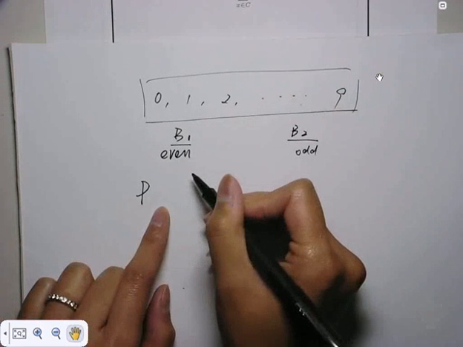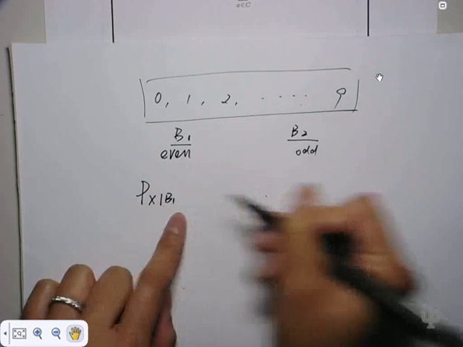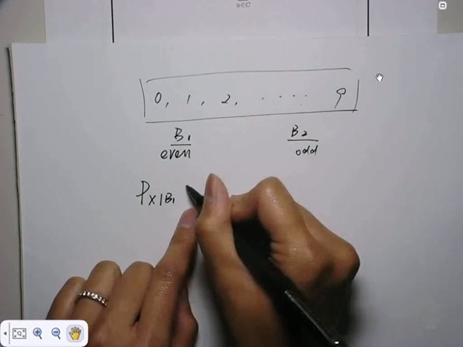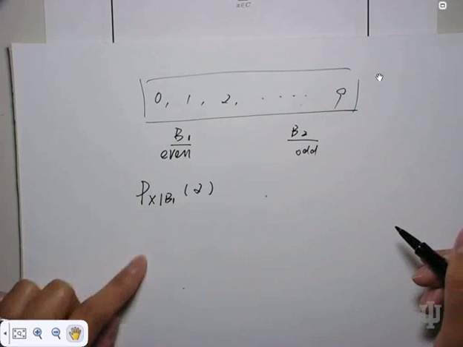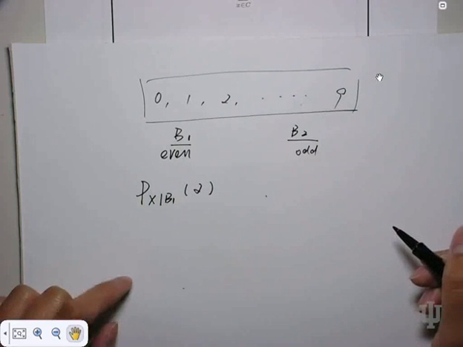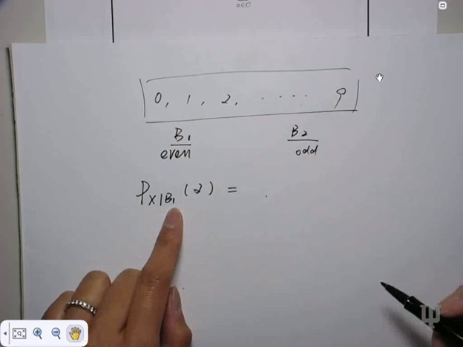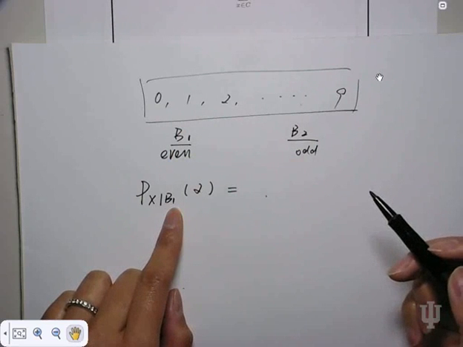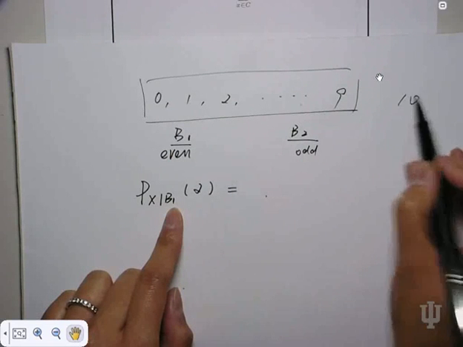What's the probability, for example, that x takes on value 2, knowing you're in the even subspace? Your original sample space is 0 to 9, 10 numbers.